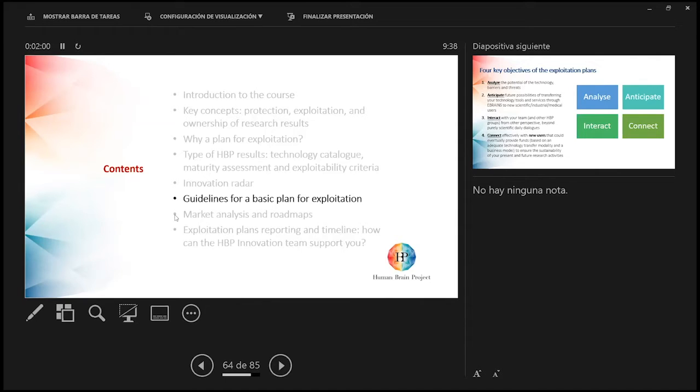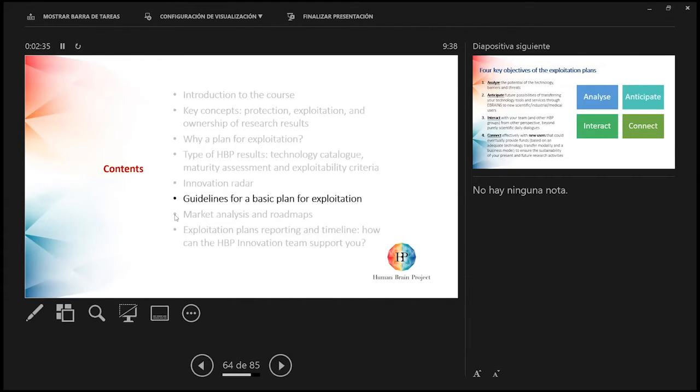We explained also some exploitability criteria that we use in order to decide, not us, but together in a dialogue with the different research groups, what criteria should be taken into account before including a technology that you are developing in the catalog, and also the technologies that deserve to be an object of exploitation plan.